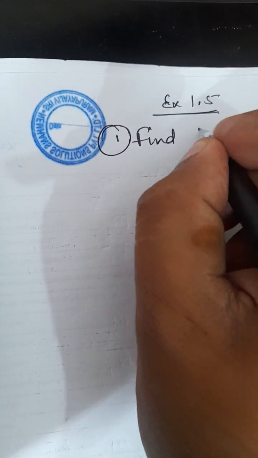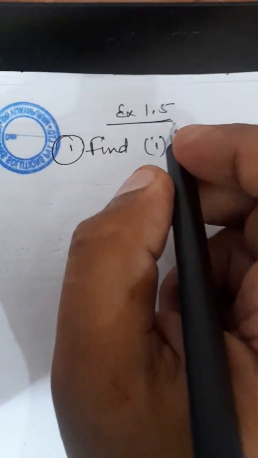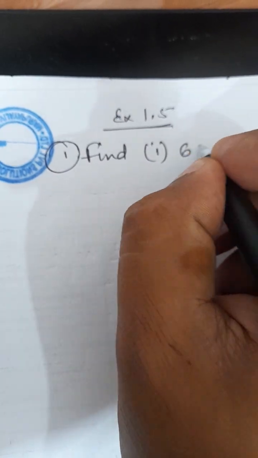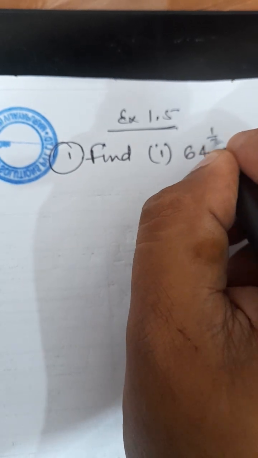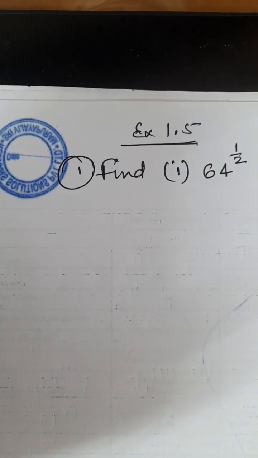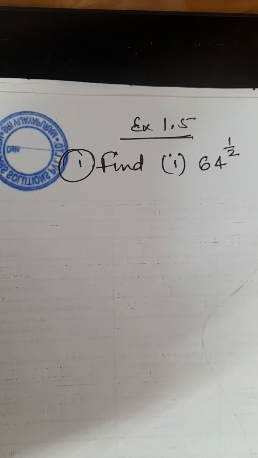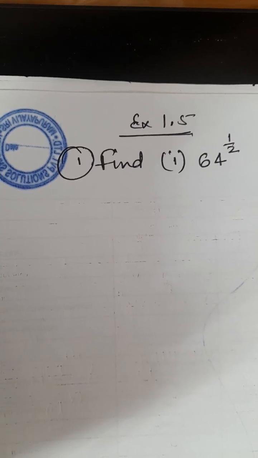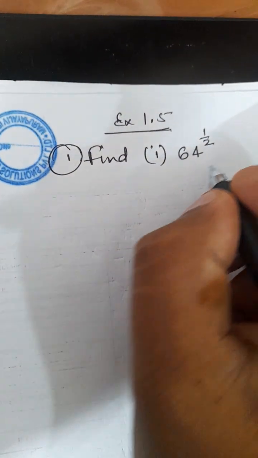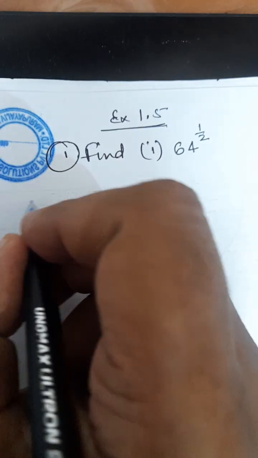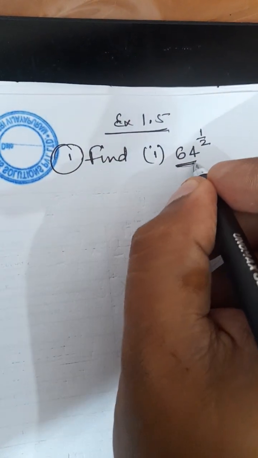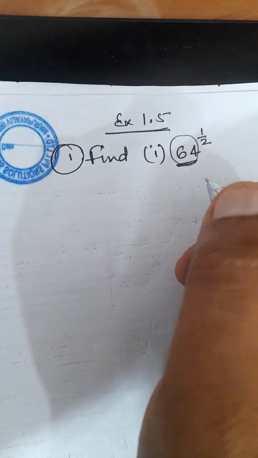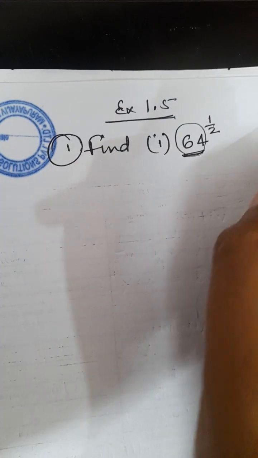Find 64 to the power 1 by 2. Now I have to find out what is 64 to the power 1 by 2. Imagine 64 is a perfect square. Perfect square of which number?